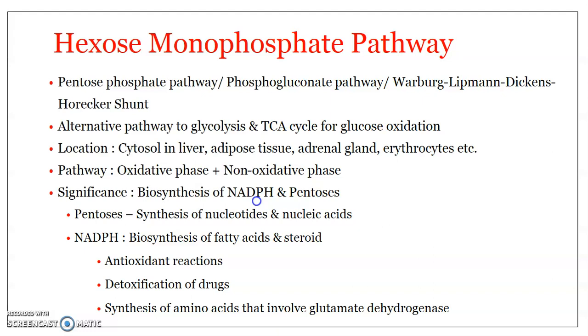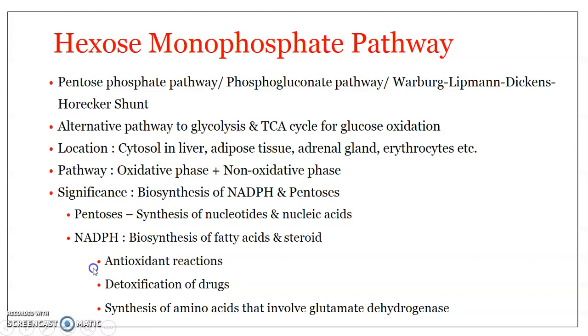It is a major source of NADPH, and it occurs in those regions which require NADPH for biosynthetic processes. For example, NADPH is required for the biosynthesis of fatty acids and cholesterol, the steroids, and hence NADPH is produced via the HMP pathway in adipose tissue and liver, right?